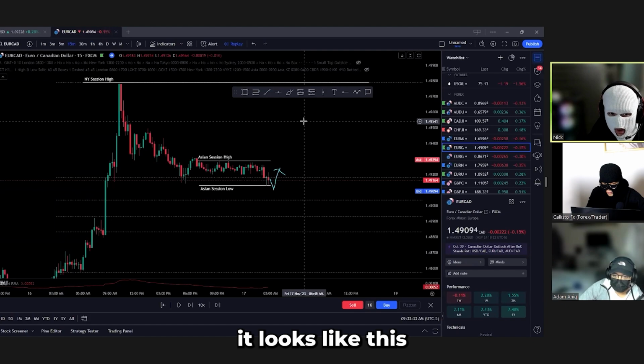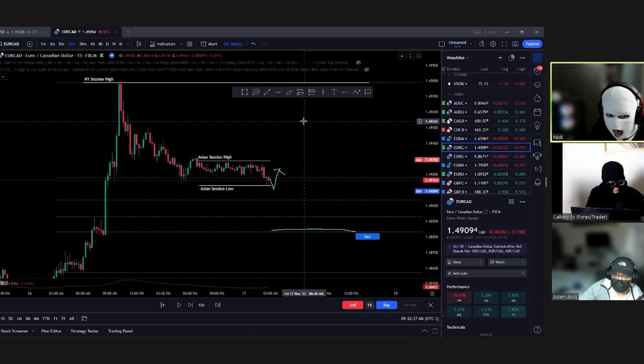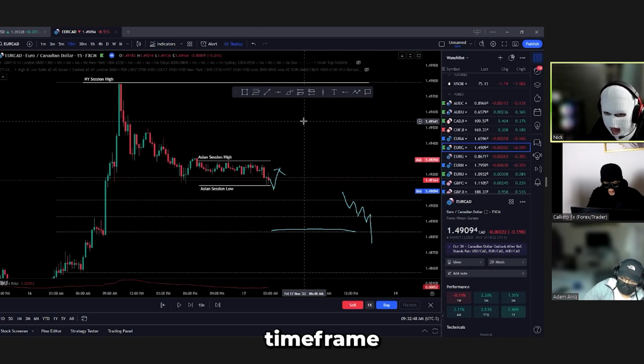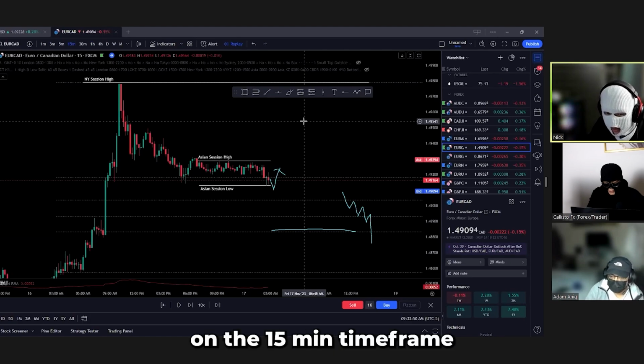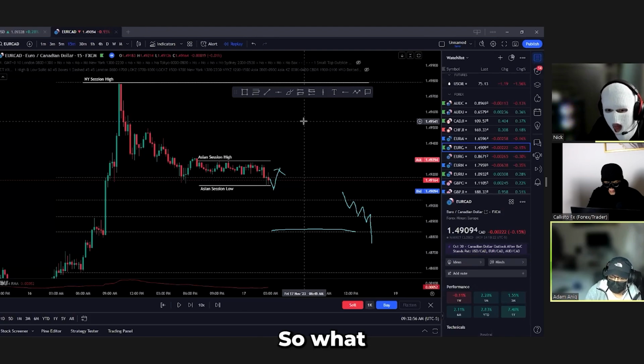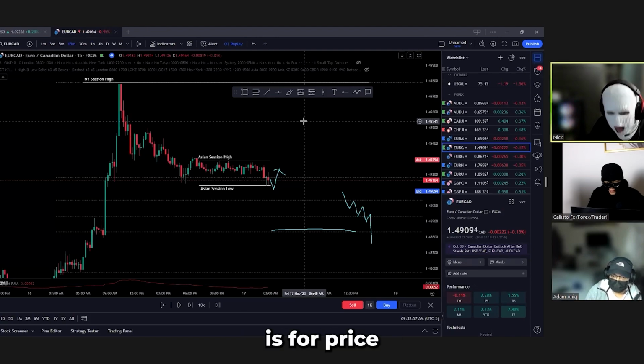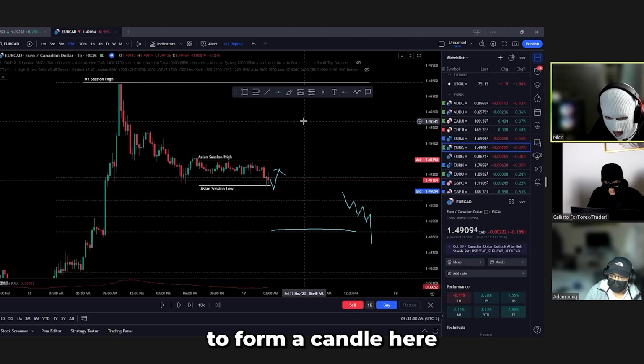Let me just draw it out. What it should look like is this. So imagine we have a low below over here, right? And price is approaching like this. Sweeps, right? Okay. So now this is the 5-minute time frame. On the 15-minute time frame, it looks like one down candle. Yeah. Okay. So what I'm looking for is for price to form a candle here like this.